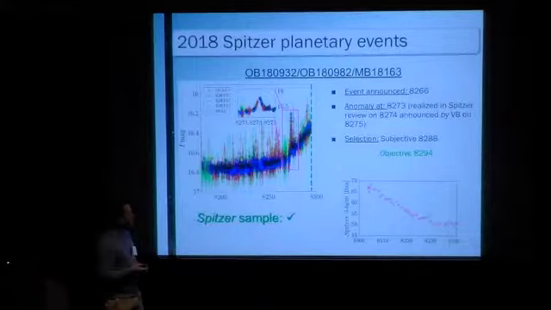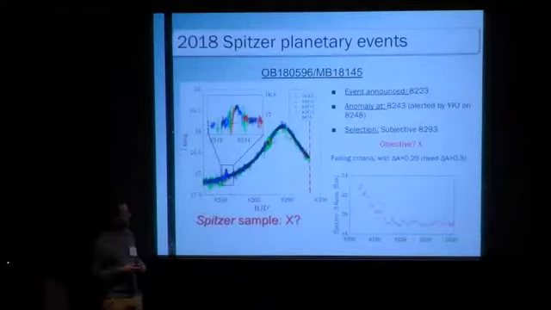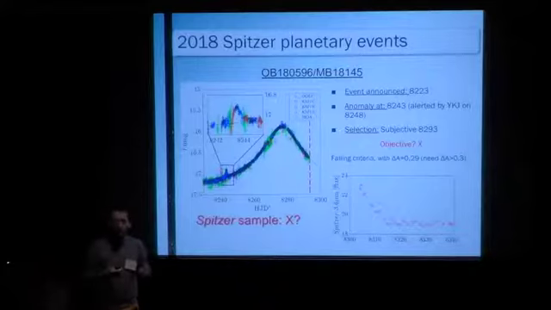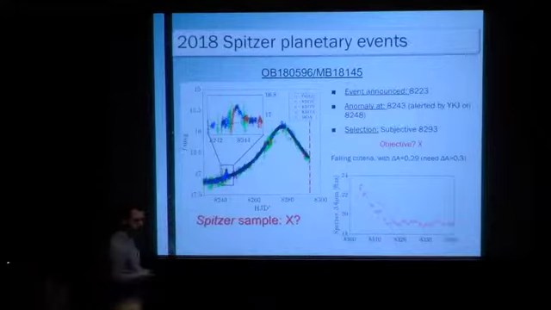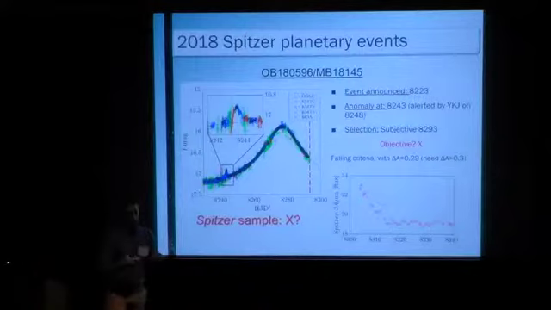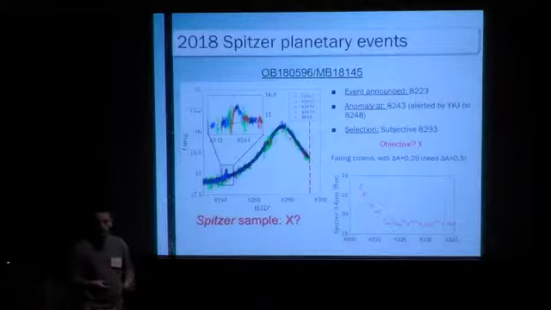The second example is another event with an early anomaly, this time even earlier, like 2 months before our selection. This event is what we call a falling event. By the time that we can select it, it's already after peak. So what we require is an expected change in magnification during the Spitzer season of at least 0.3.